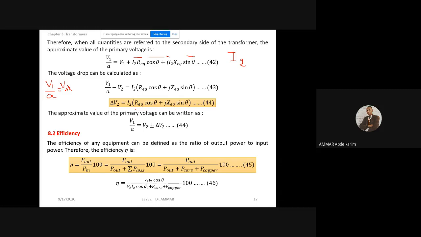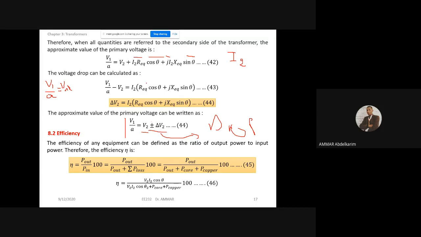Then delta V equals... The no-load voltage can be written as the voltage across the load plus or minus the voltage drop. This is the voltage drop, and we put plus or minus because it can be positive or negative.